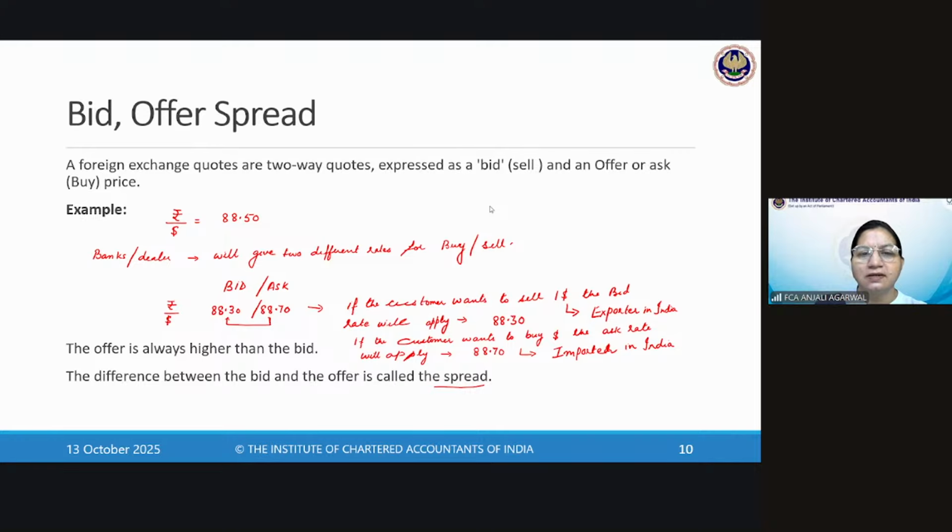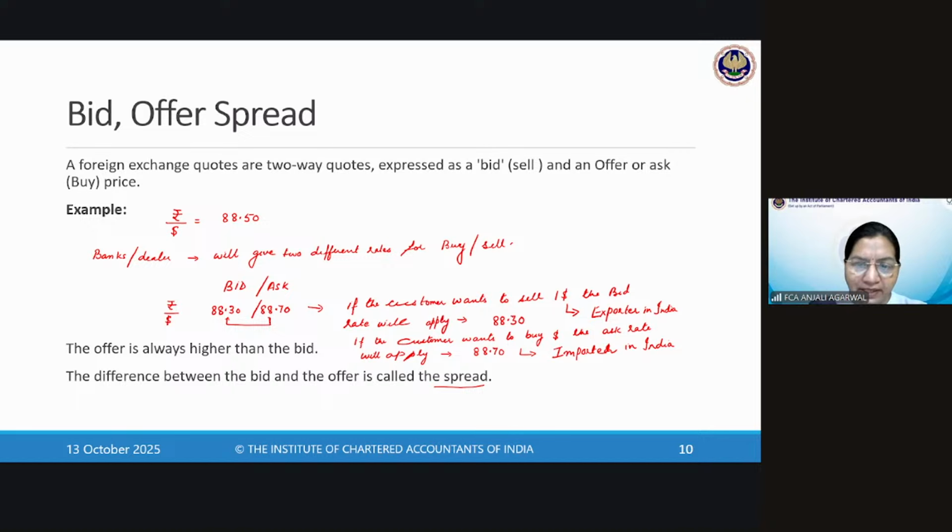What I'm saying here is the bank will give a two-way quote to the merchant. The first is the bid and the other is the ask. I hope this is clear that bid is always less than the ask. Right? Bid will always be less than the ask.